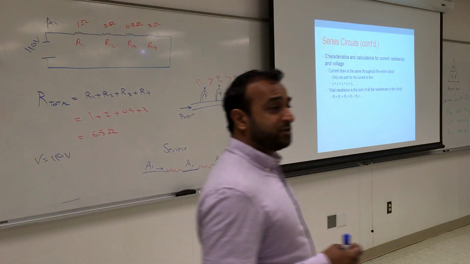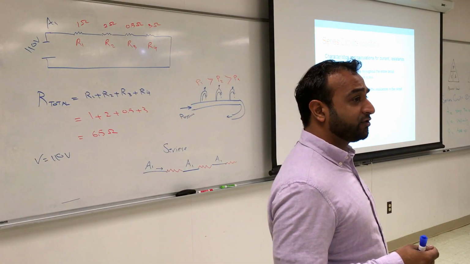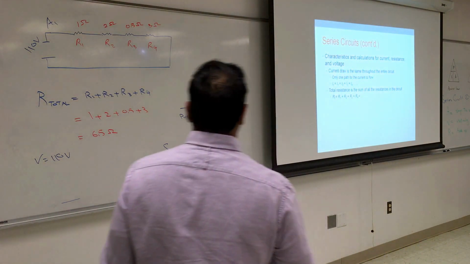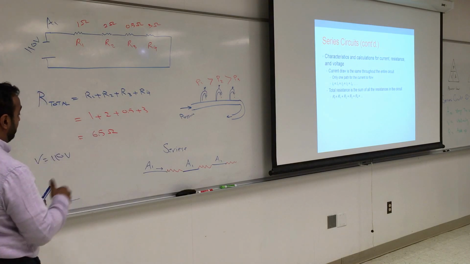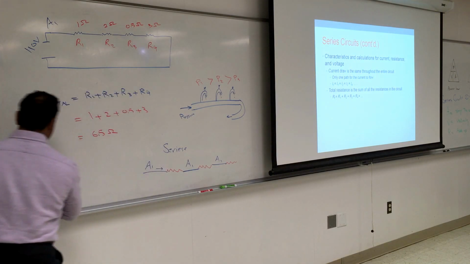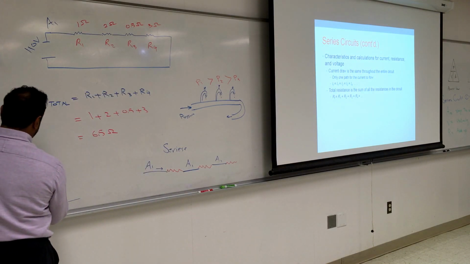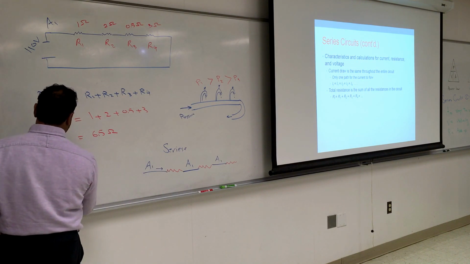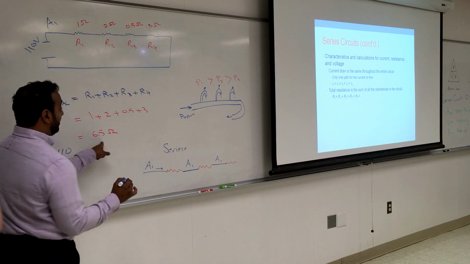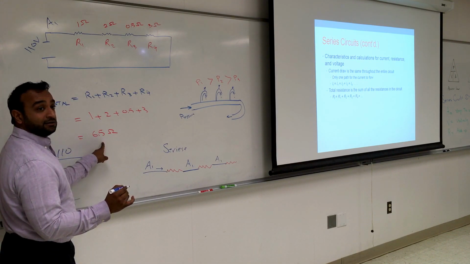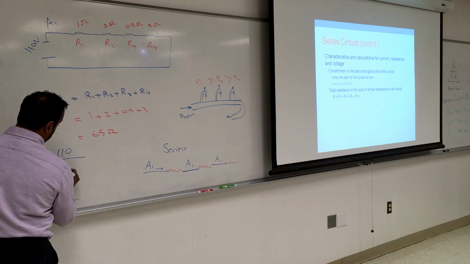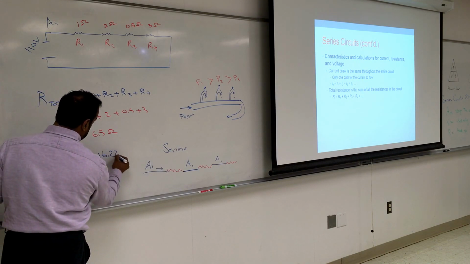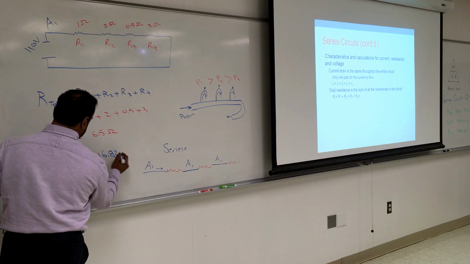So what happened to the amperage for the entire circuit? Constant amperage. So the amperage for the entire circuit will be the same, and we'll do the calculation for that, which will be 110 divided by the total resistance, 6.5, which is 16.92.